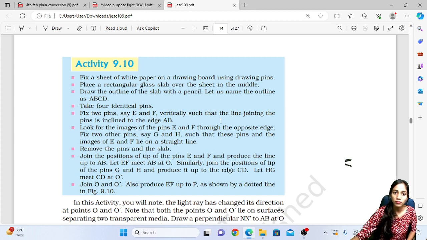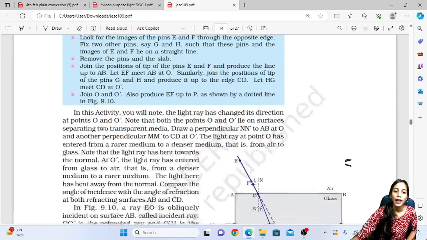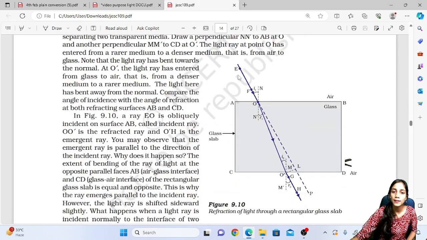Now four identical pins are taken and two pins are placed in this position. This is the glass slab, placed on a white sheet of paper. Four pins are taken and two pins are attached over here, at points E and F. Now this is the glass slab.